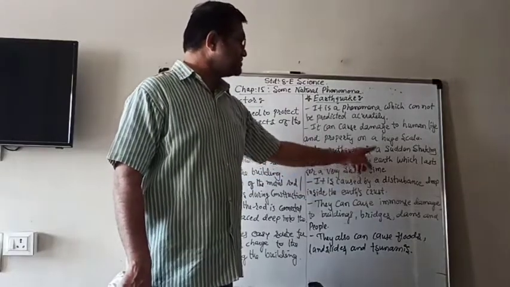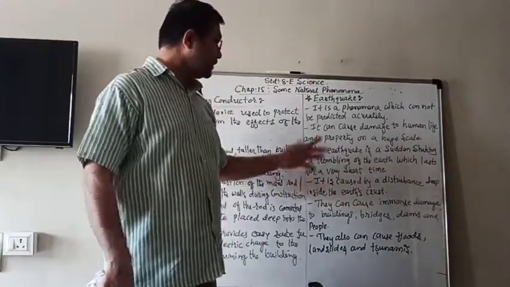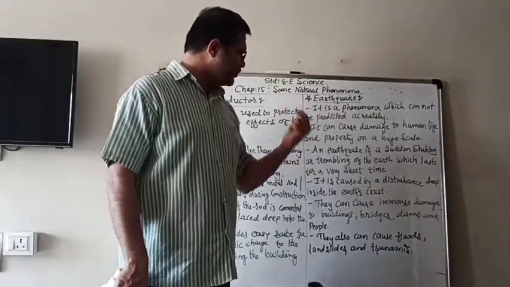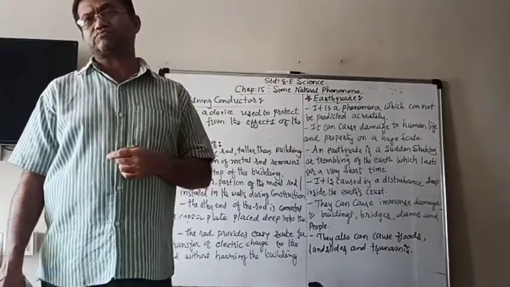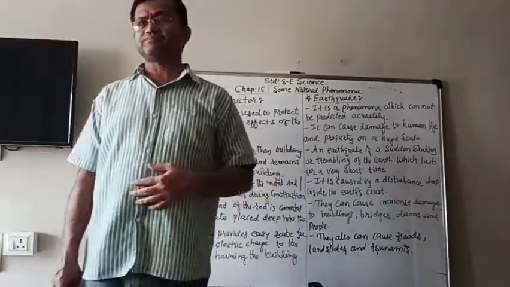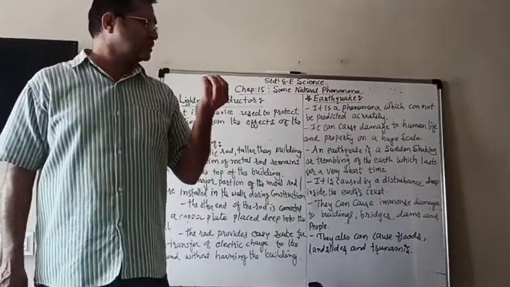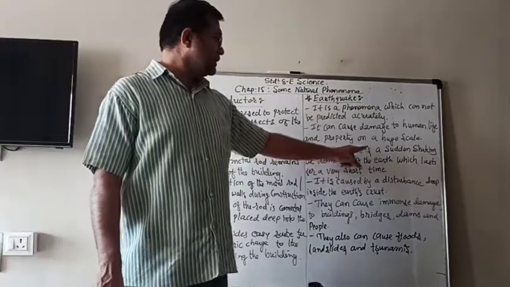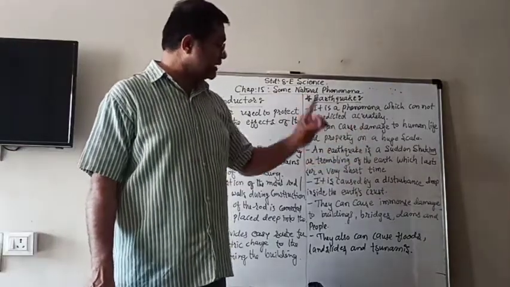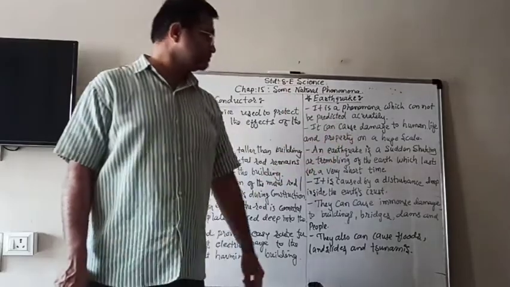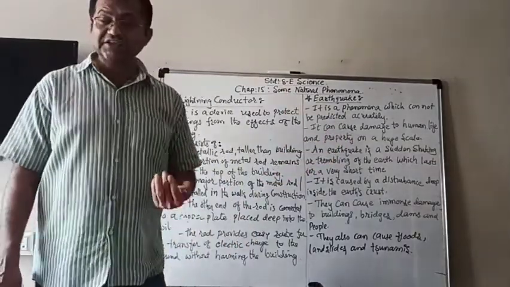An earthquake is a sudden shaking or trembling of the earth which lasts for a very short time. It does not take much time for the shaking. And why is it caused?